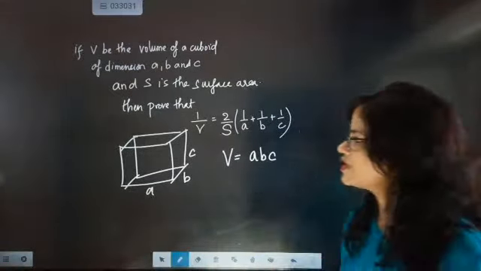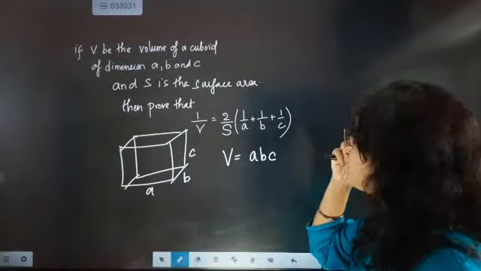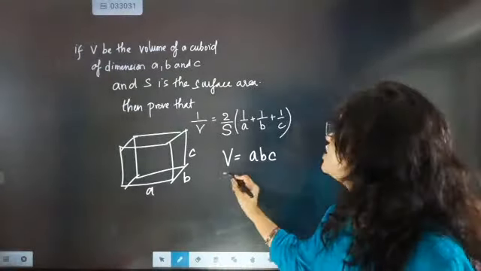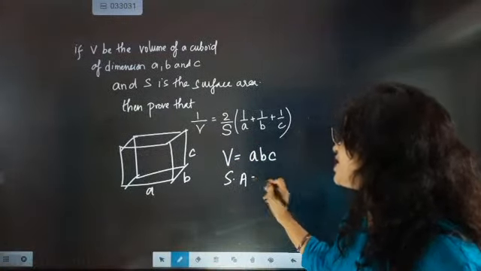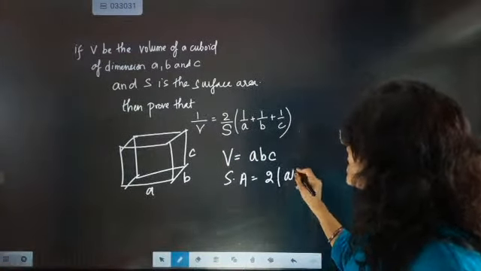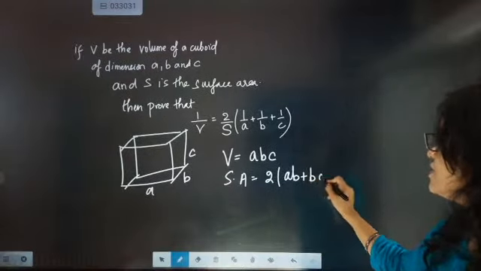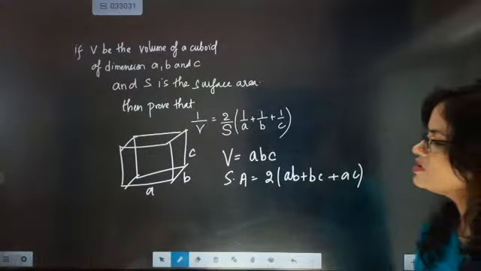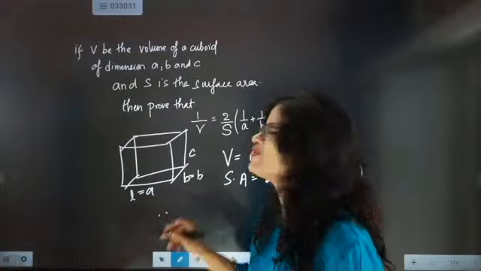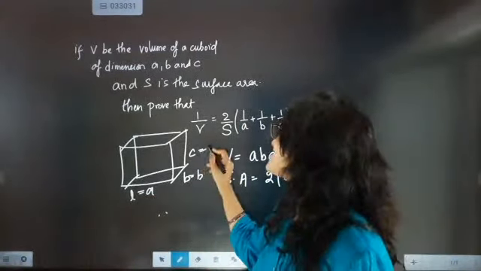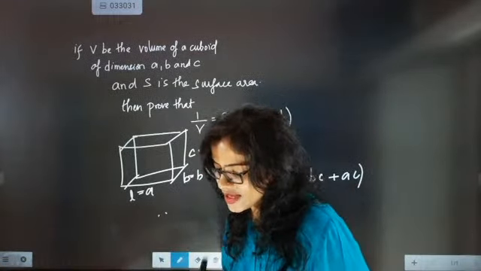Fine. Now after getting the volume, you have to find the total surface area. The surface area is 2(AB plus BC plus AC), because A is length, B is breadth, and H is height.